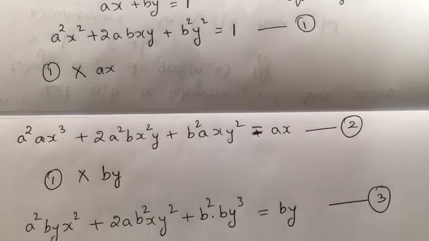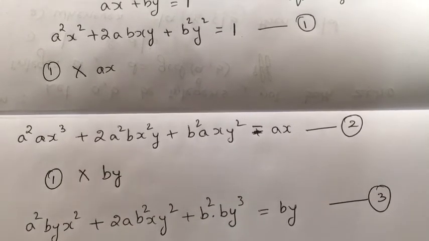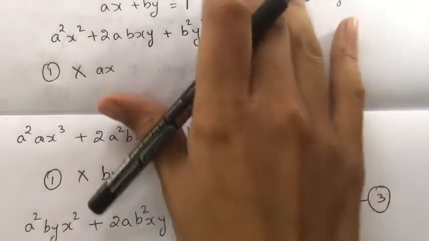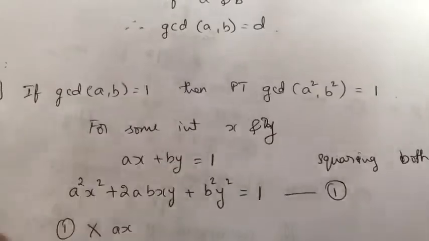And similarly you can even prove GCD of a square b equal to 1. So that from these two expressions you can directly write GCD of a square b square equal to 1. If you want, I'll just mention the other way of proving this.